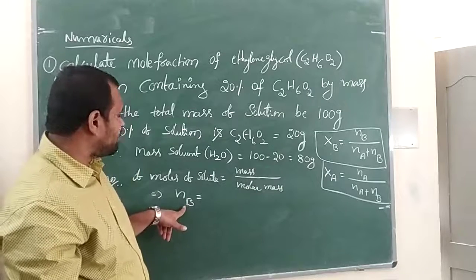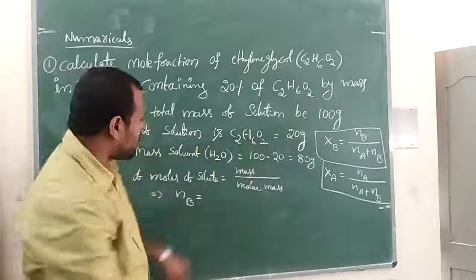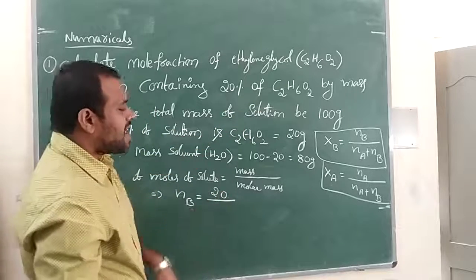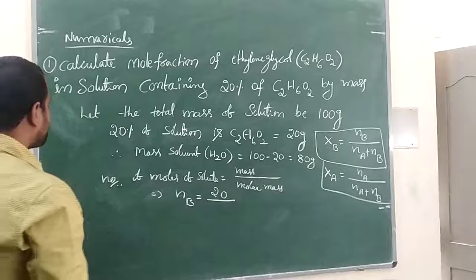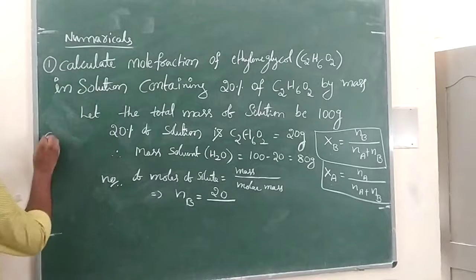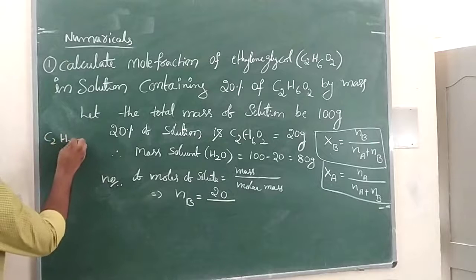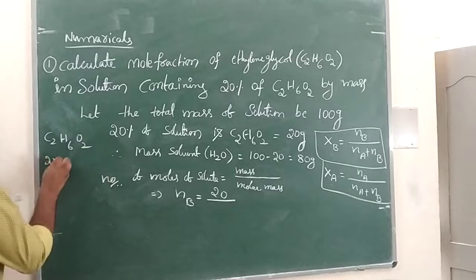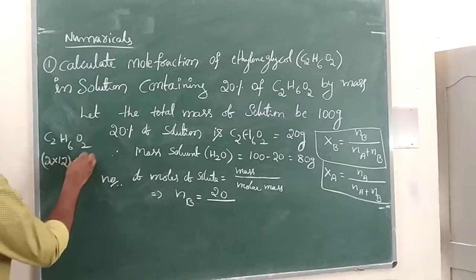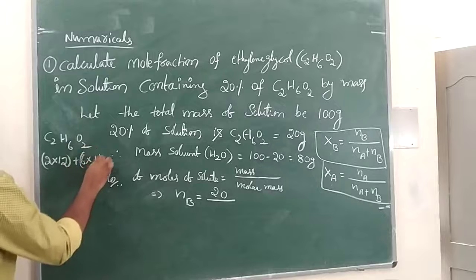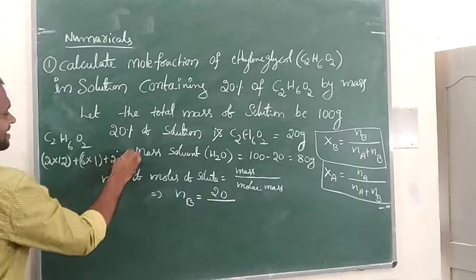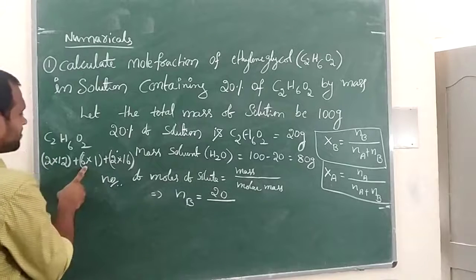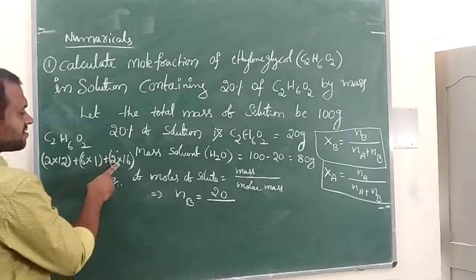Number of moles of solute, NB, is equal to mass, 20 grams, divided by molecular mass. I think you know how to calculate molecular mass. I will calculate here. C2H6O2: 2 into 12 plus 6 into 1 plus 2 into 16. 2 carbon atoms, its atomic mass is 12. 6 hydrogen atoms, its atomic mass is 1.